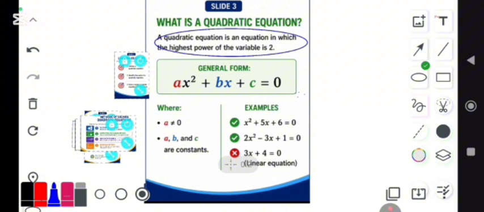This unknown might be x, it might be your y, it might be any alphabet. So, a quadratic equation is one whose highest power of the unknown, or the highest power of the variable, is 2. Such an equation is a quadratic equation.